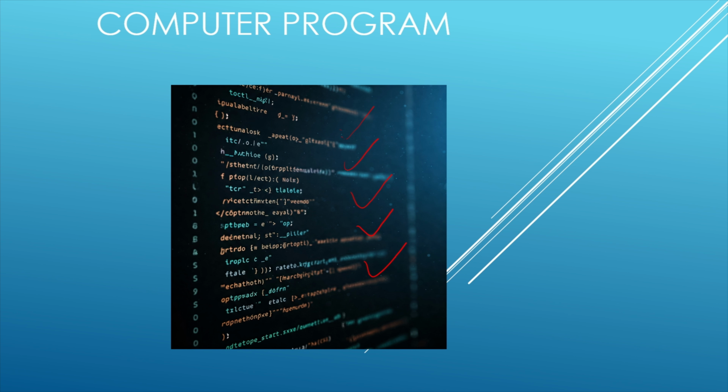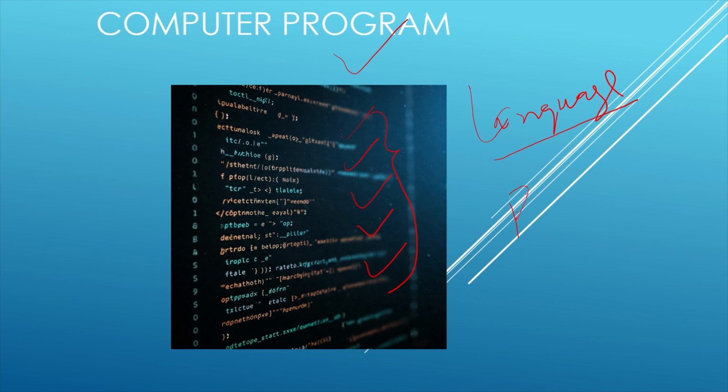When I say instruction, we need to write these instructions. In order to write these instructions, we need a language. So using a language, we write these instructions. What kind of language do we need? Since this is a computer program, I need a computer programming language.